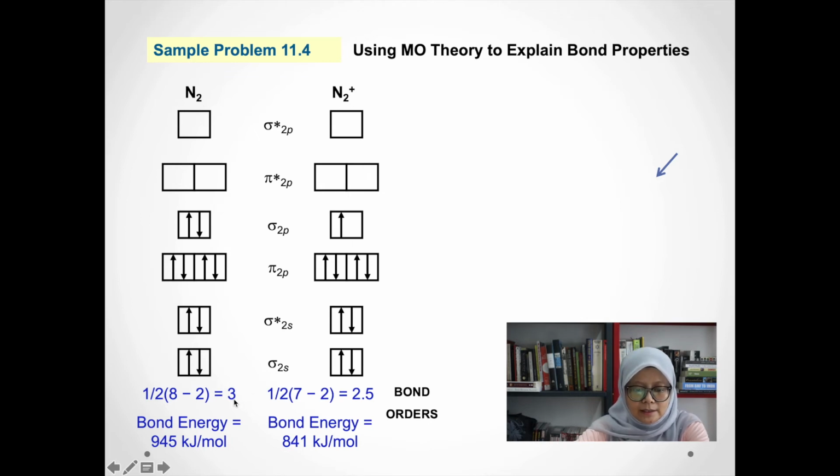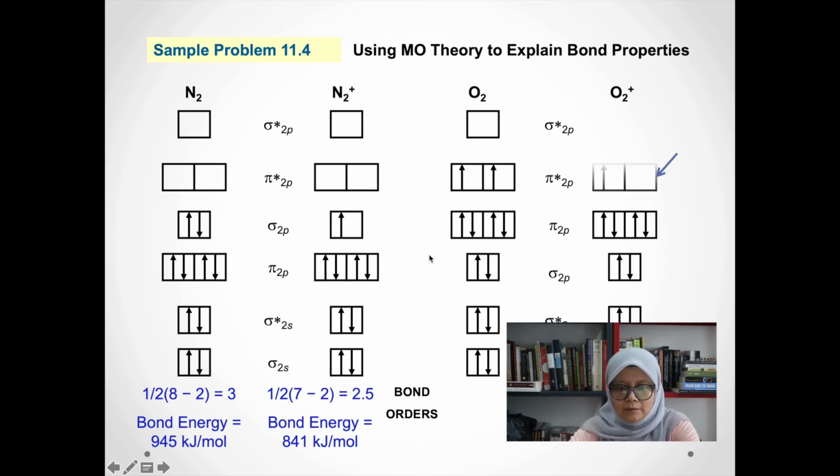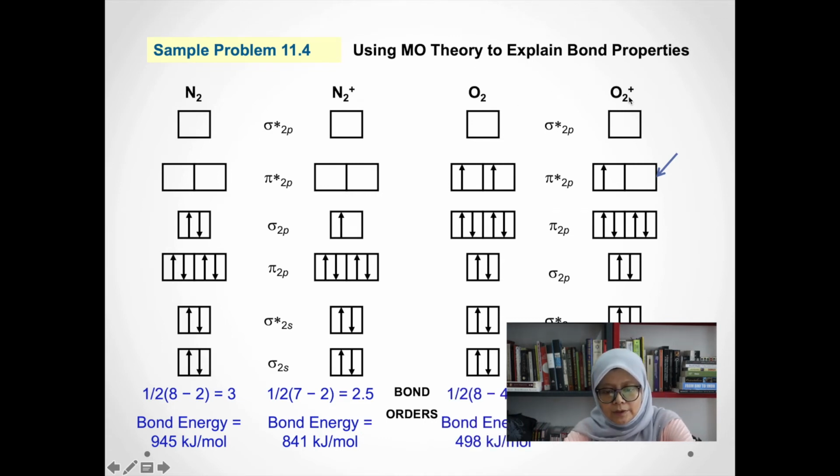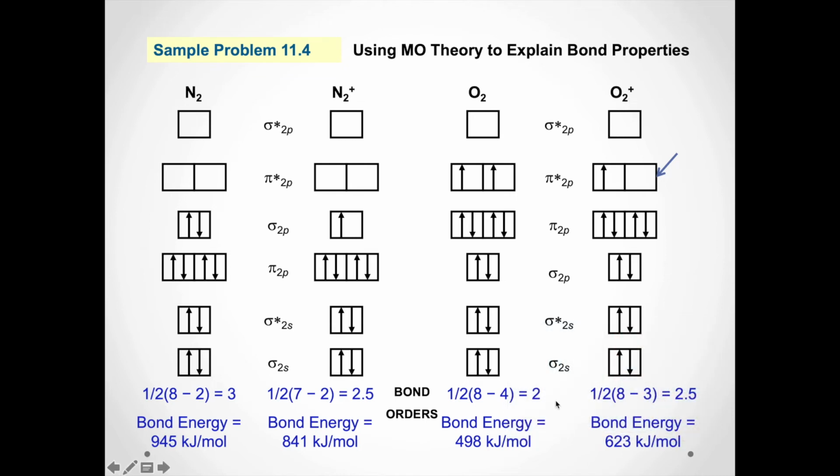As you can see, the bond order for nitrogen is 3, while N2 plus is 2.5. Other than that, we have oxygen O2 and also O2 plus, with bond orders of 2 and 2.5.